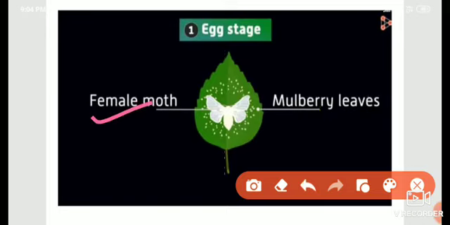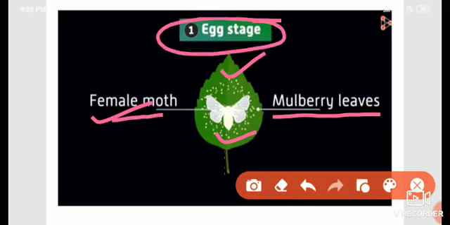The female moth lays the egg on the mulberry leaves, especially on the mulberry leaves. So it is the mulberry leaves, and the female moth lays her eggs on the mulberry leaves. Okay, this is the first stage.